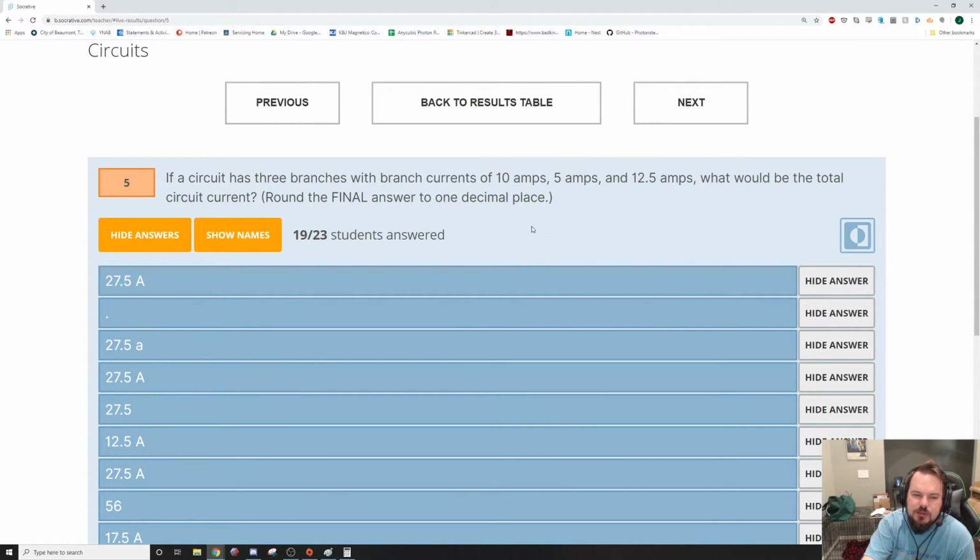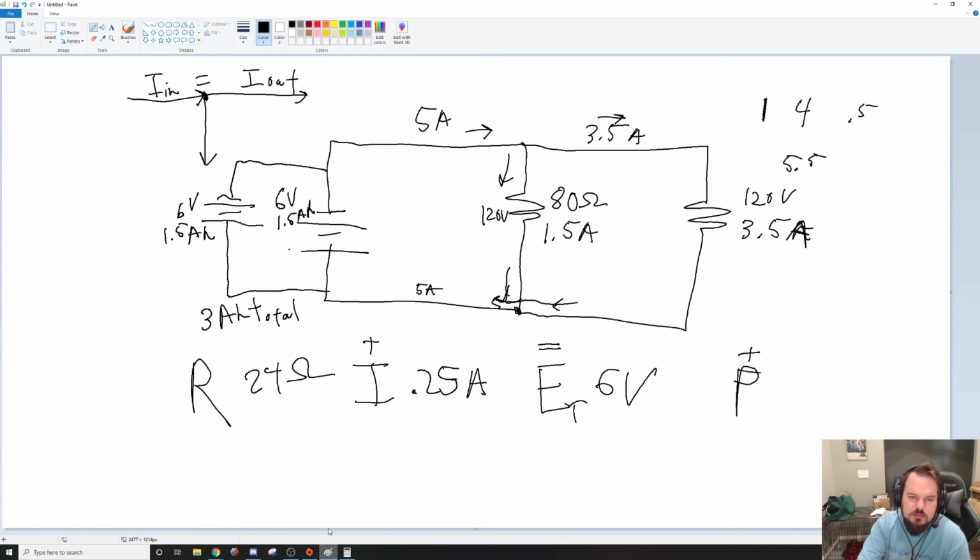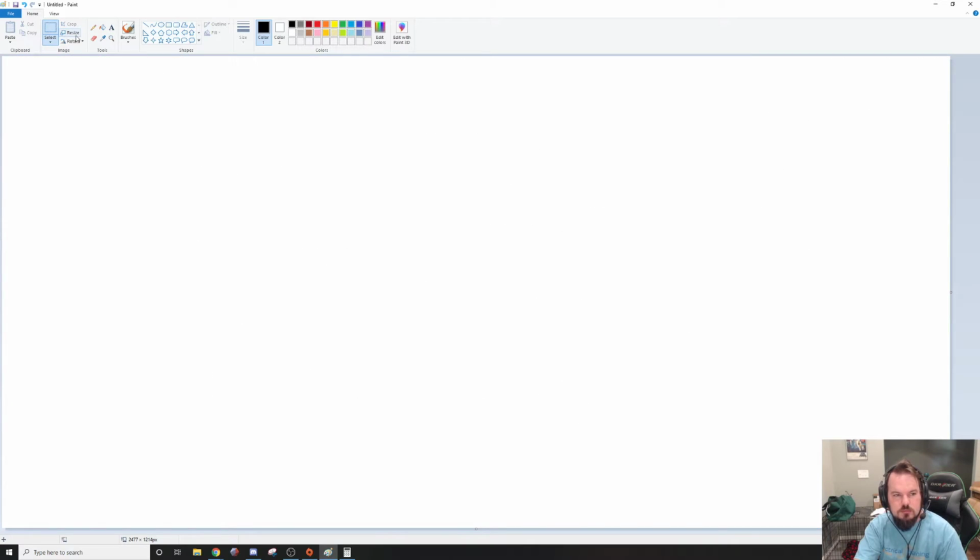If a circuit has 3 branches with parallel currents of 10 amps, 5 amps, and 12.5 amps, what would be the total circuit current? So we have a circuit.